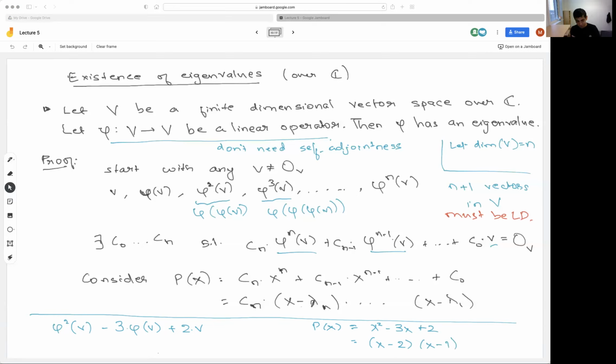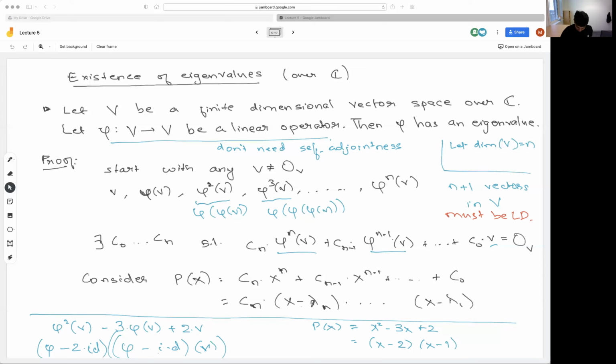And using this knowledge, I can say that, if I think of phi minus 2 times the identity operator applied to phi minus the identity operator applied to v, then I get back the above expression.